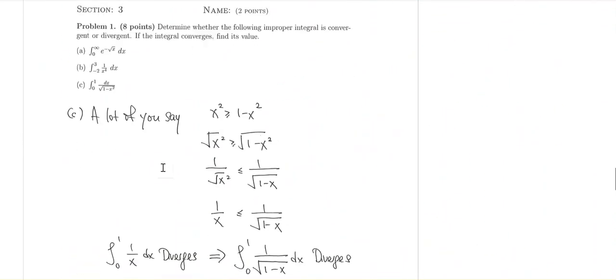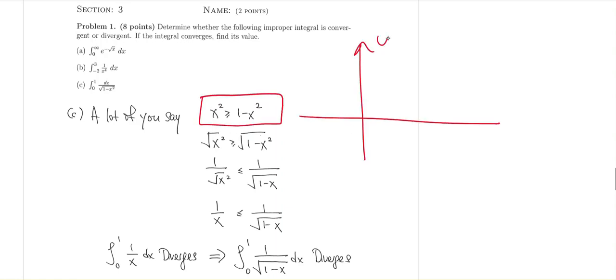A lot of you made an immediate mistake by saying that x squared is greater than 1 minus x squared. I don't know why you say that, because you might think that this is positive, this is negative, and so this is greater. I don't know how you thought of this, but this is actually not true. If you look at the graph of x squared, it looks like this, and for 1 minus x squared, minus x squared looks like this, and you shift up 1 unit, right?